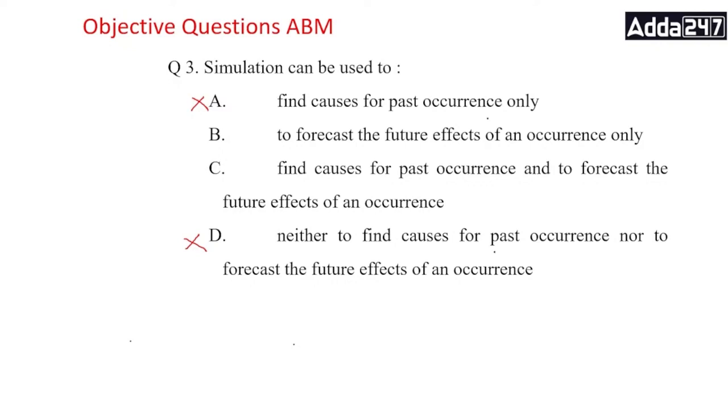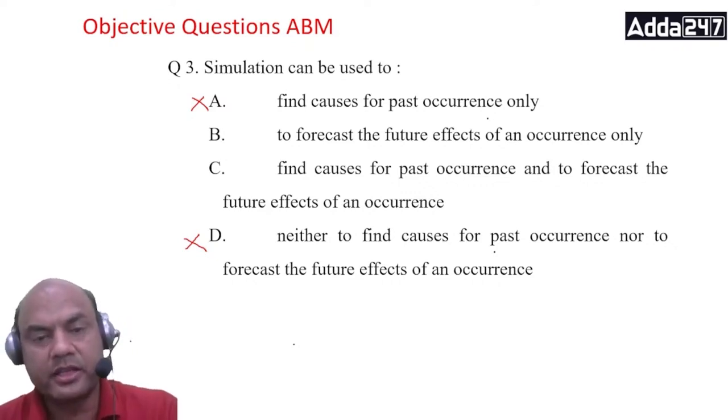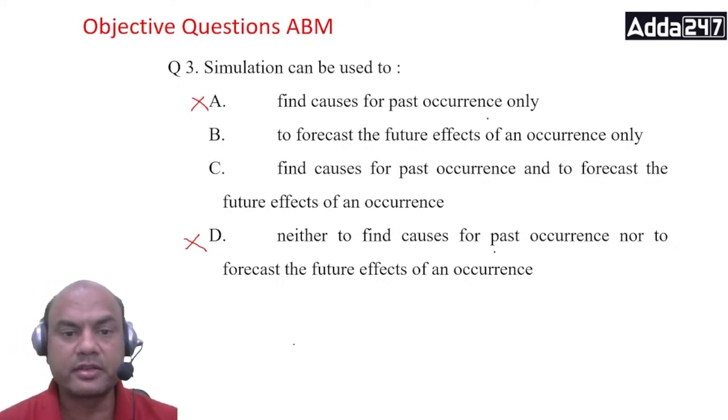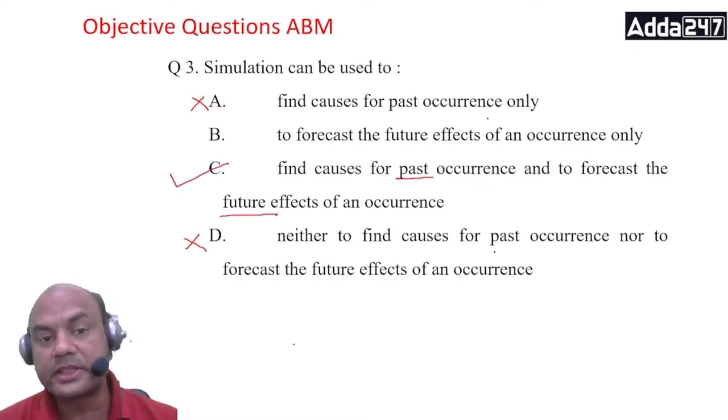The answer is, yeah. Is it B or C? The answer is C, correct? The answer is C because it is used for the past as well as to forecast the future, right? So C is the answer.